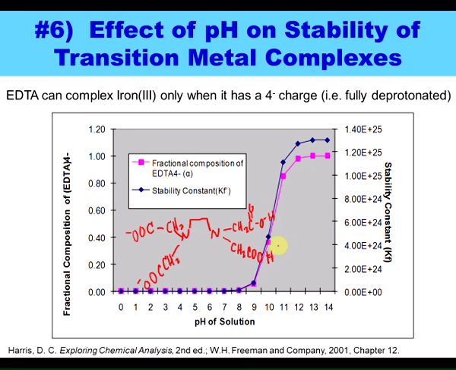But if the pH is higher and you deprotonate those carboxylic acid groups, those create good points of attachment, so those lone pairs on the oxygens, and each of those oxygens has a minus charge on it, can then bind a metal and create a more stable complex. So the pH affects the stability of the complex because you have a competition between the positively charged metal and the protons for those lone pairs on the ligands.